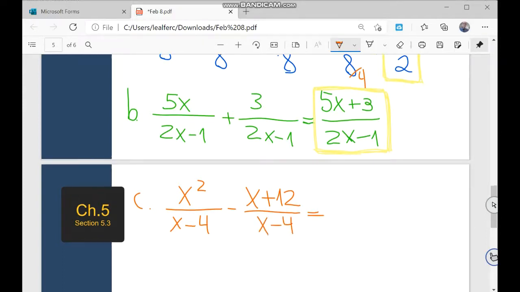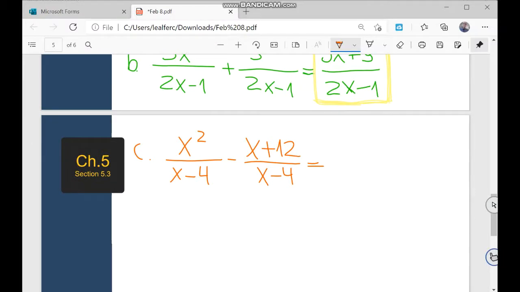See? We have the same denominator, so keep it. And we subtract the numerators, x minus 4 minus (x squared minus x minus 12). This negative sign here is in front of the bar, which means we apply it to the whole expression: negative x squared plus x plus 12. Okay?